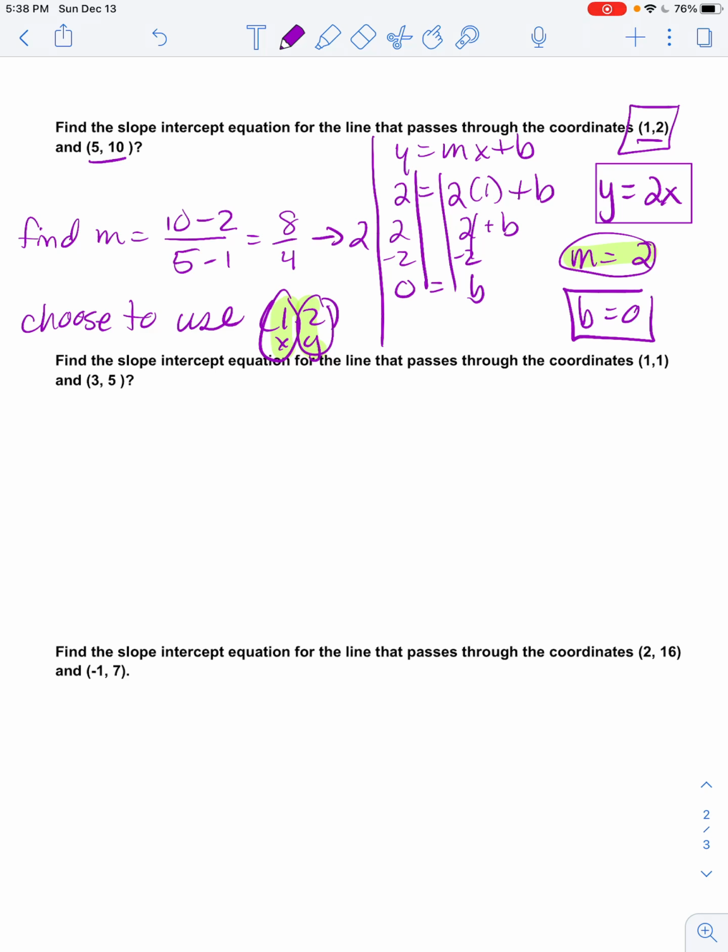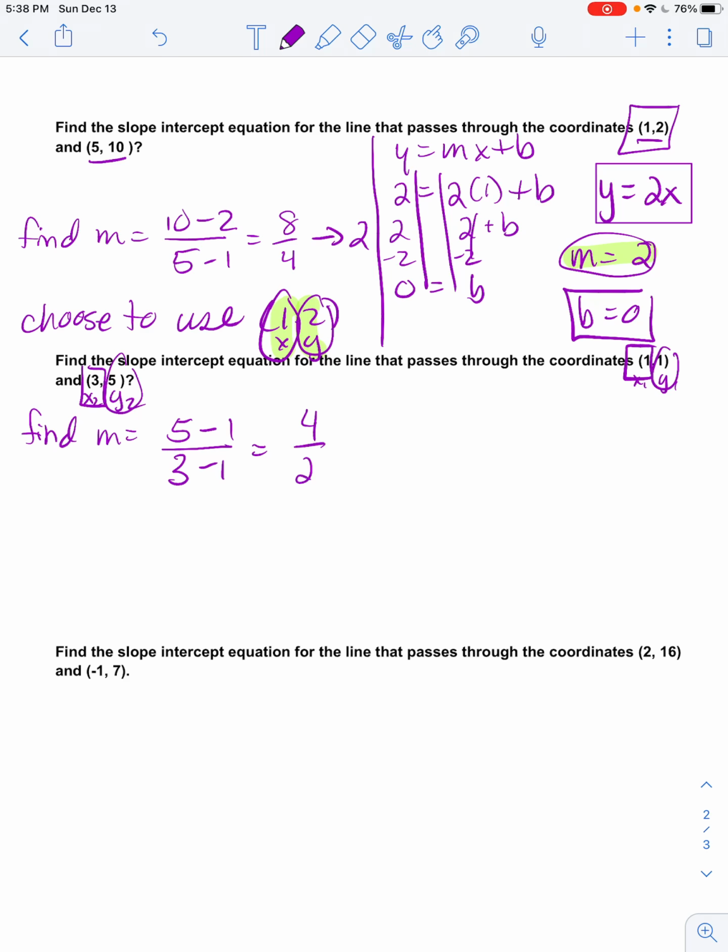Let's do it again. So I'm going to go ahead and find my slope using the formula where the second point and here is my first point. So y2 minus y1 over x2 minus x1.